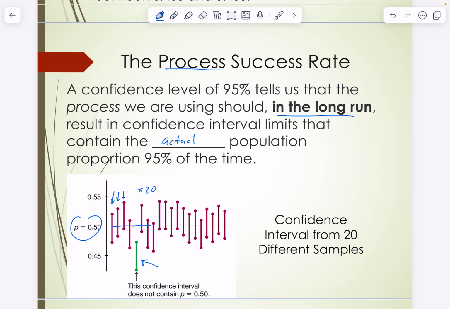In general, we don't know what the true population proportion is, and so we don't know if we have one of these instances in which the true population proportion is not in our confidence interval. And that's why we can only say we're 95% confident that the true population proportion lies within that interval.